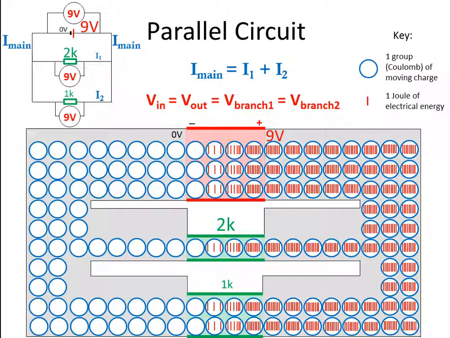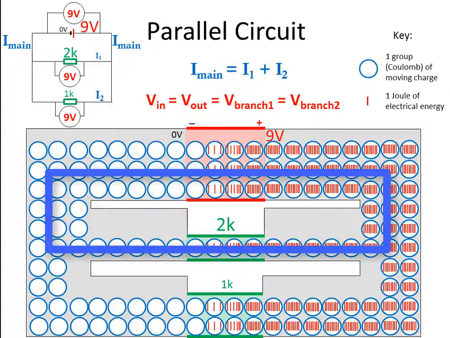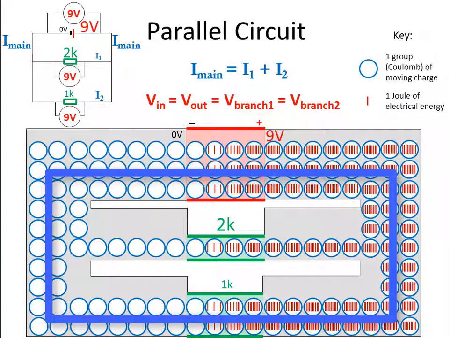Now if you look at the path that each coulomb can go along here, coulombs either can go along this circuit. A circuit means circle, from one point round and back to that point. So we could say from the positive terminal round and back to the positive terminal. So either the charges can go through this circuit or the charges can go through that circuit.